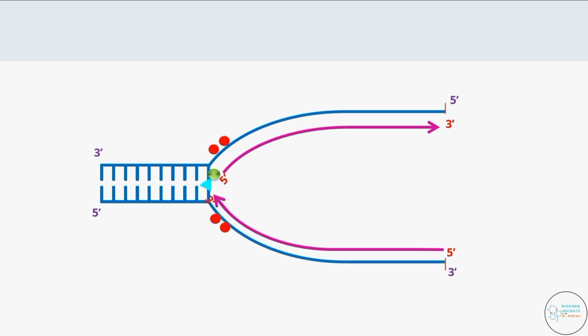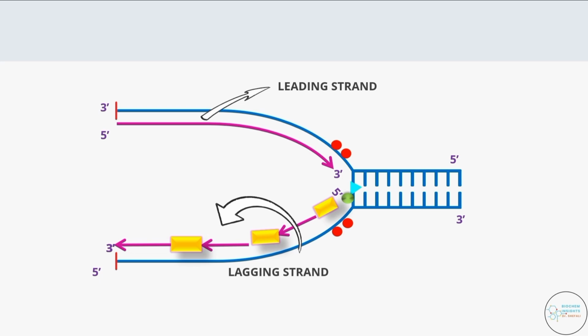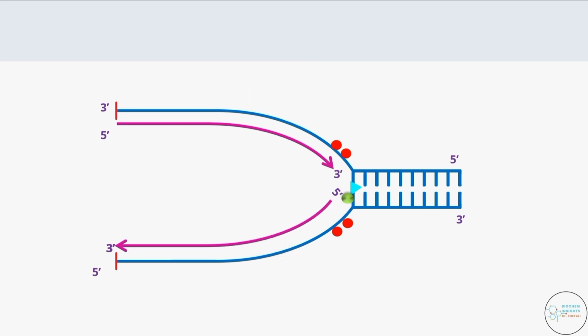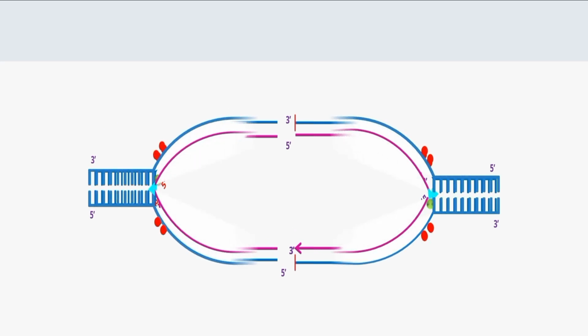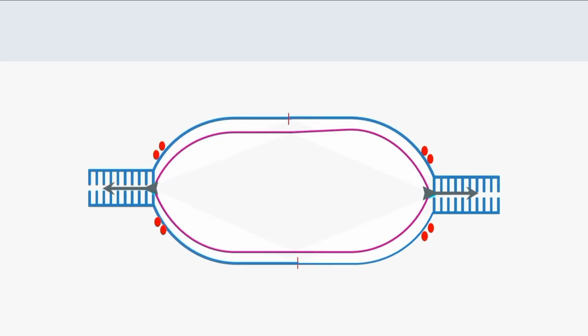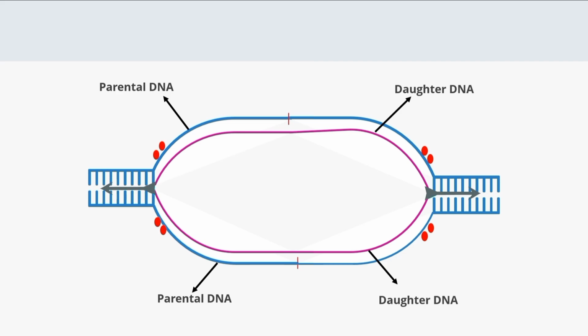After that, we will add the enzyme polymerase and ligase to the list of enzymes and proteins. So even here in the other half of the replication bubble, after the action of DNA polymerase 1 and ligase, the lagging strand becomes perfectly connected and continuous. So if we join the two halves, finally our replication bubble would look like this, where we have elongated the DNA by copying the parental DNA and made the new daughter DNA.